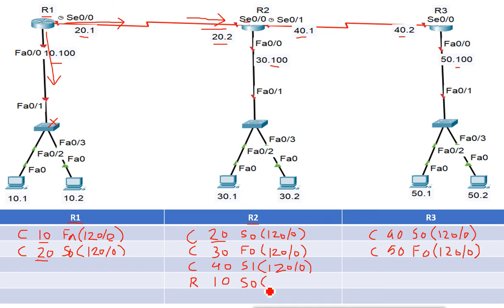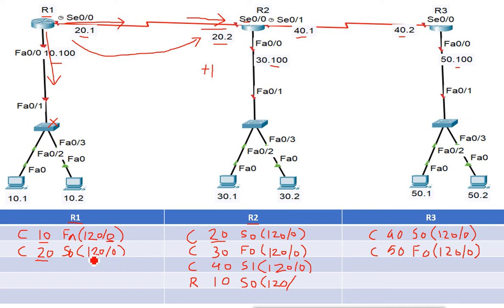Then the AD value, because it is RIP, will be 120. Router 1 sends the hop count as 0. Whatever hop count the router receives from router 1, it will add 1 to it.